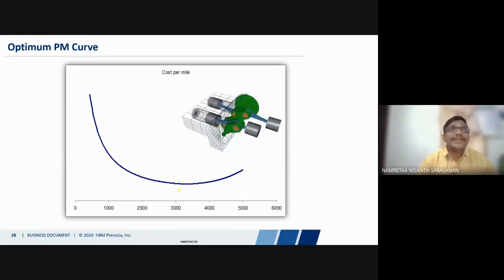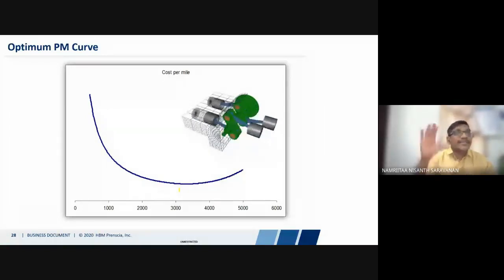Now you may think that whenever you buy a car or a bike, if you see the manual, I'm not sure nowadays anybody provides the manual to you when you buy the car, because these are all available on the internet. Okay. So if you see, every 10,000 kilometers, they put some table column: change this oil filter, change this oil, change the seal, change this component, change that component.